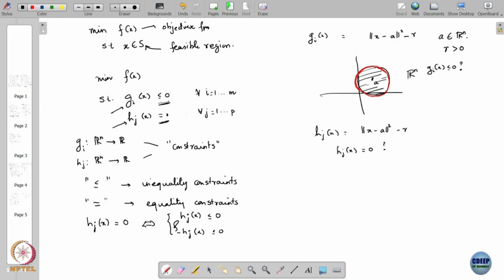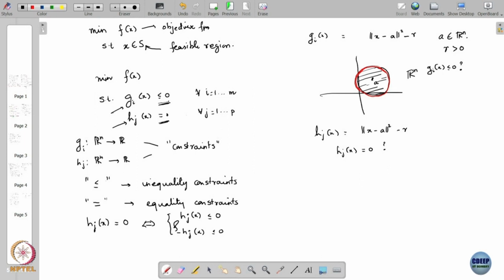Okay. So now can you tell me what is the difference in these two regions? Both of these sets are actually closed sets. The shell itself is a closed set. The ball of radius r centered at a, with its shell, is also a closed set.